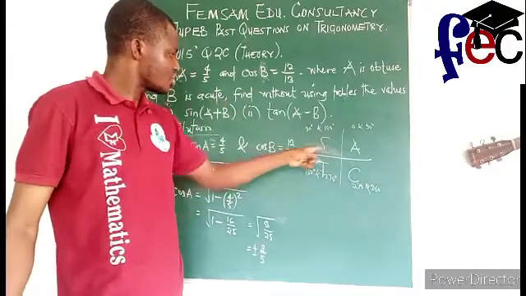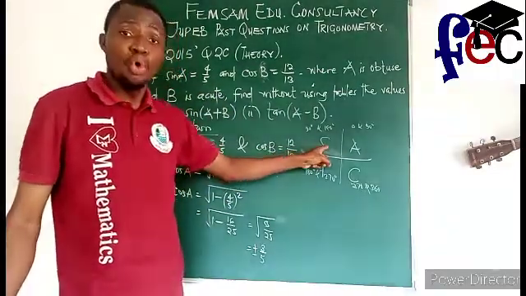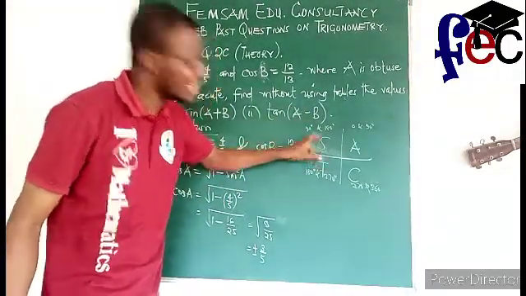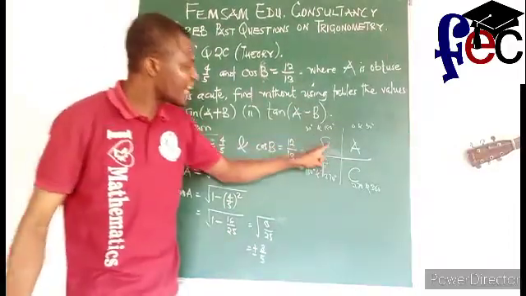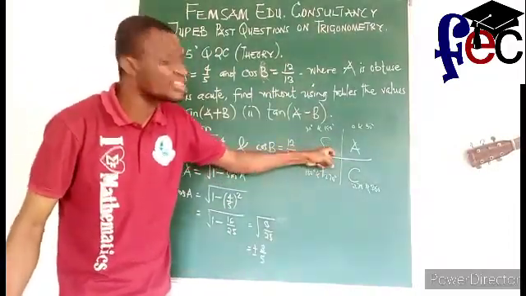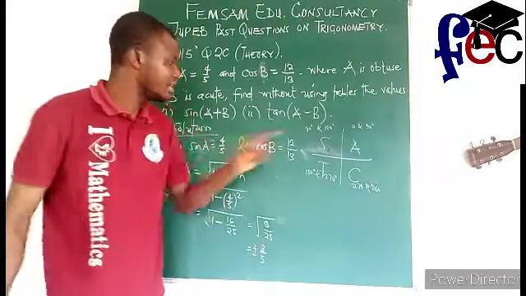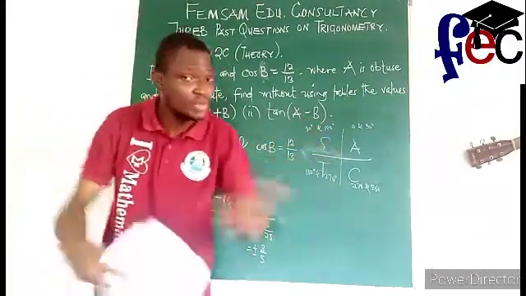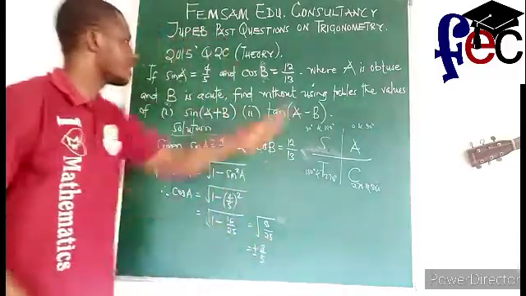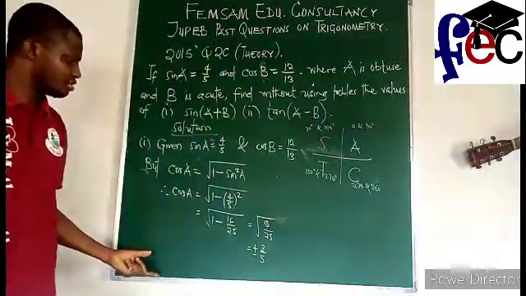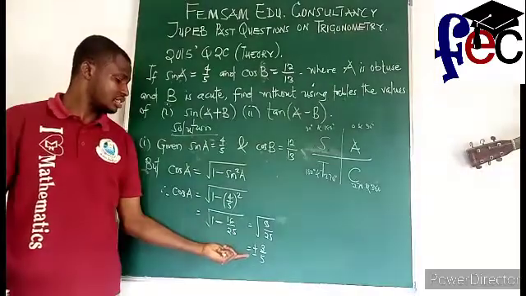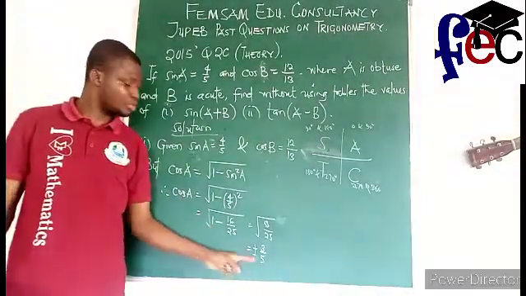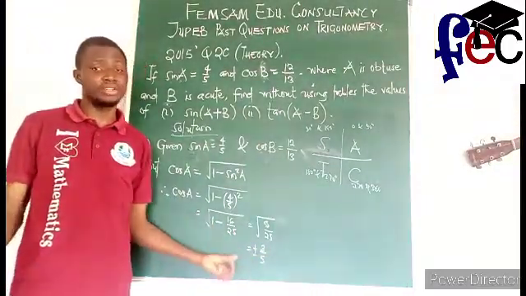Is cosine of angle positive here? No, because only sine is positive here. So cosine of any angle in this quadrant will always be negative. The tangent of angles in this quadrant will always be negative. So A is obtuse, so definitely you can get what the value of cos A will be between plus 3 over 5 and minus 3 over 5.